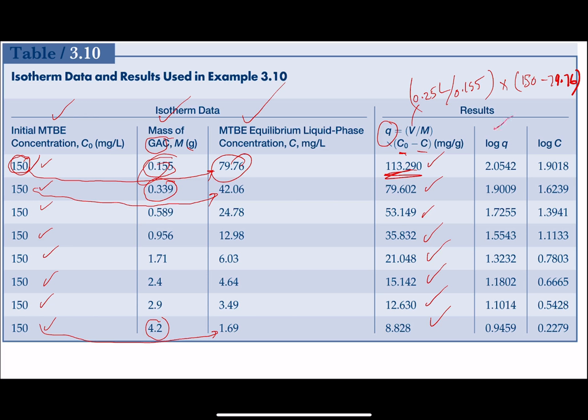So log q for each one of them, and log C. You don't do log C of this. You do log C final, equilibrium. So we'll call this log C final. You find log of this one, you get 1.9018. And you do it for all of them.